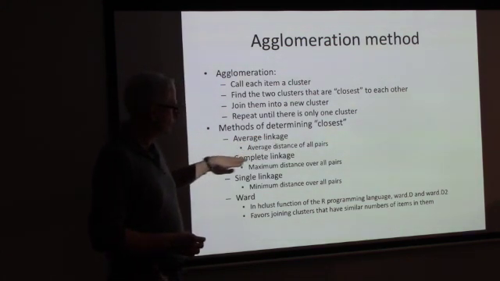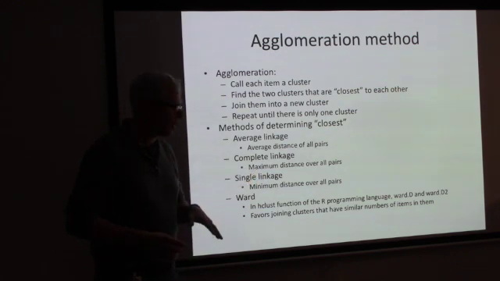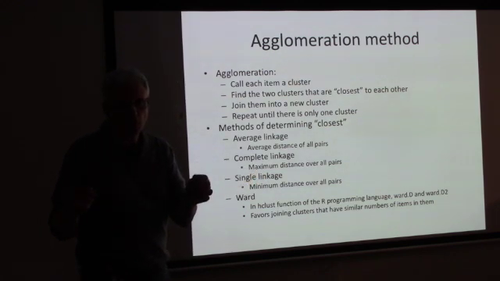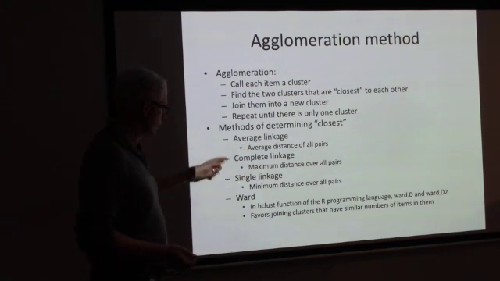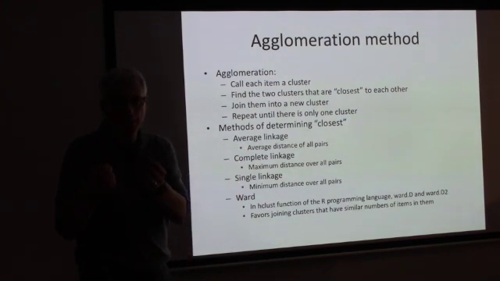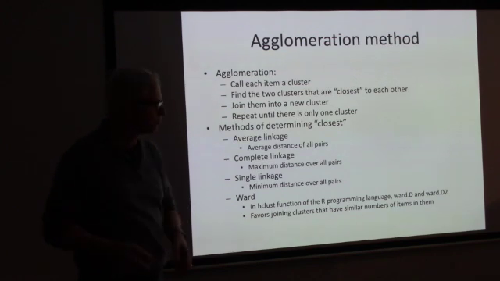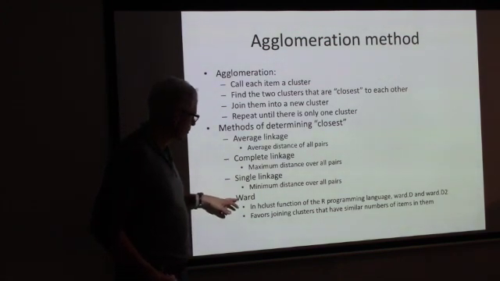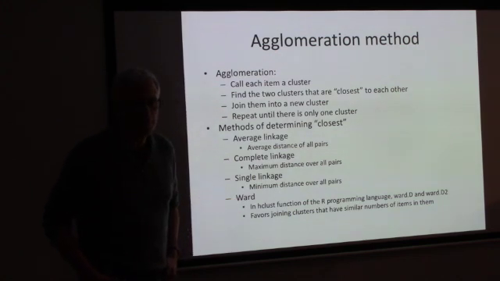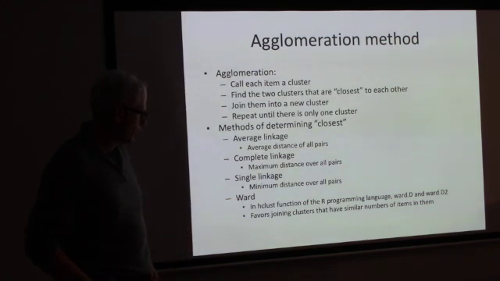Then there's something called complete linkage, which means of all the pairs, I'm just going to take the ones that are farthest away, or single linkage, take the ones that are the closest. And then there's another method called the Ward method.